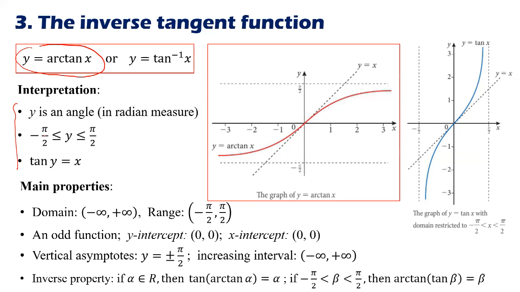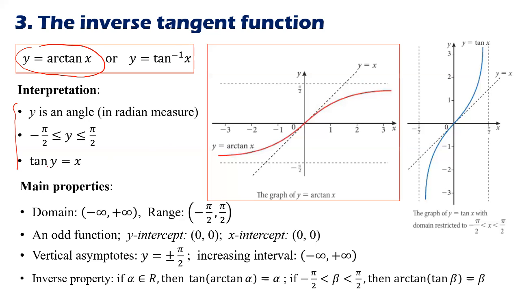Second, y is within the interval minus half pi to half pi. Why? Because tangent theta is also a periodic function, right? We must restrict the angle to one of its cycles, in order that the reverse process is also a function, right? Only in this way, any tangent value corresponds to a unique angle.